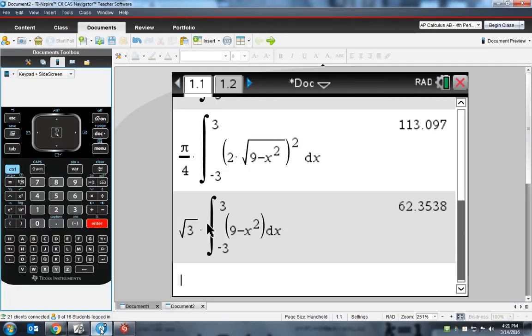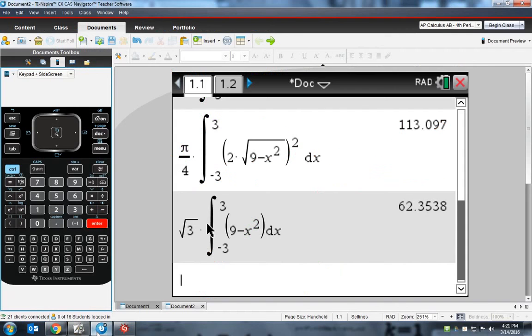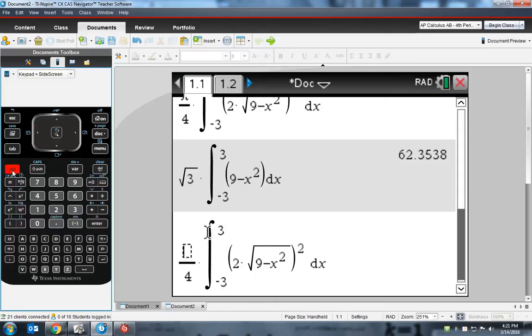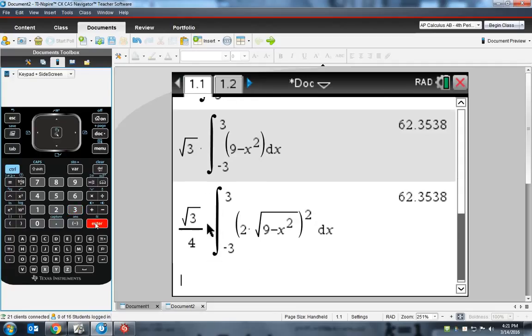So 2 squared is 4. Oh, that's why. I shouldn't have put pi on the first one. I should have put root 3. So I discovered my mistake before I got the emails. Instead of putting pi, I should have put root 3. I don't know why I put pi. So let me come over here and make this a root 3. Now they should be equivalent. They should be 62.354.